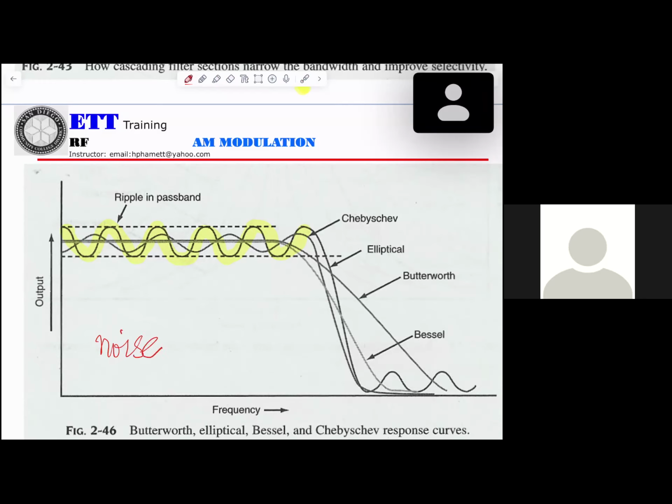What is the noise? Unwanted signal. Perfect, unwanted signal. That means the signal you don't want, and it is there. That's what they call noise.